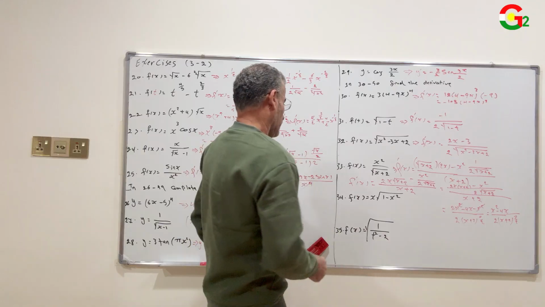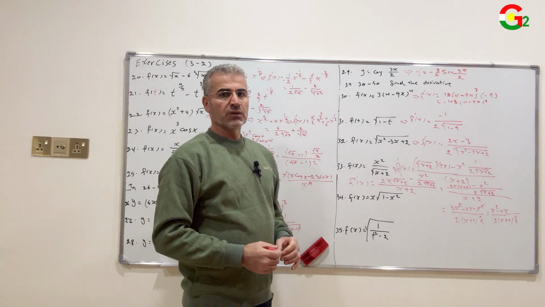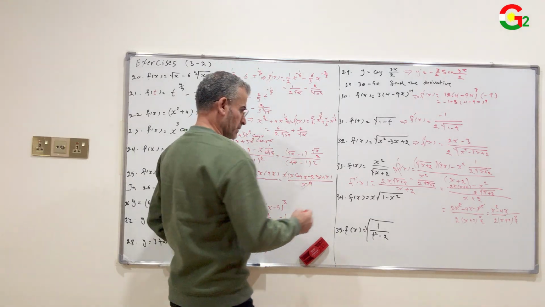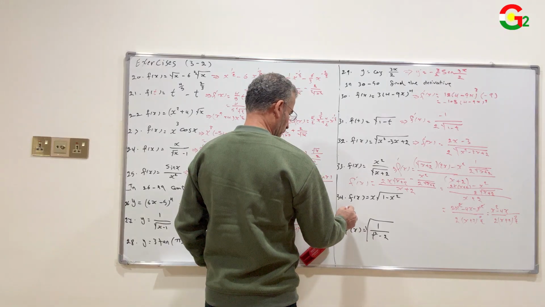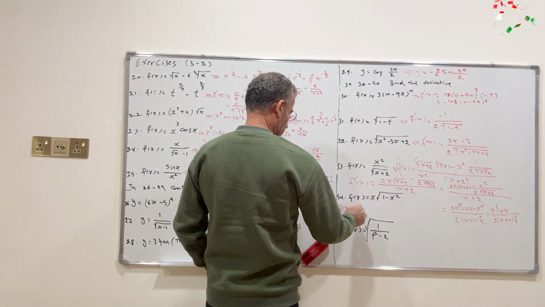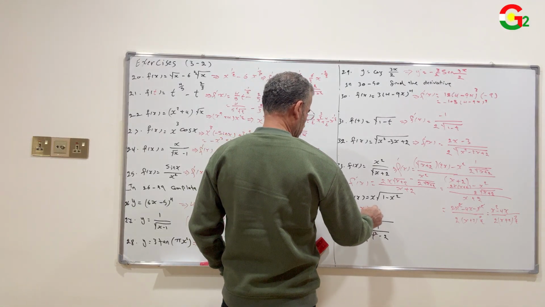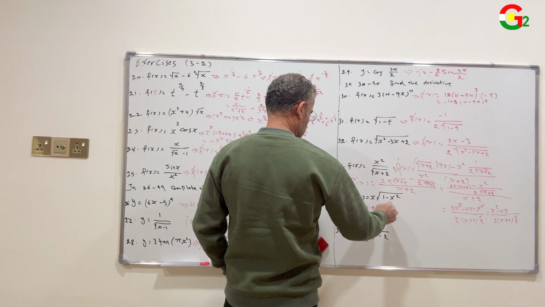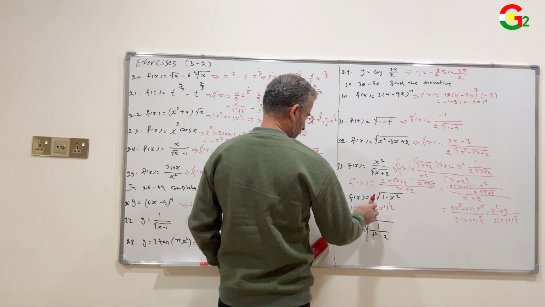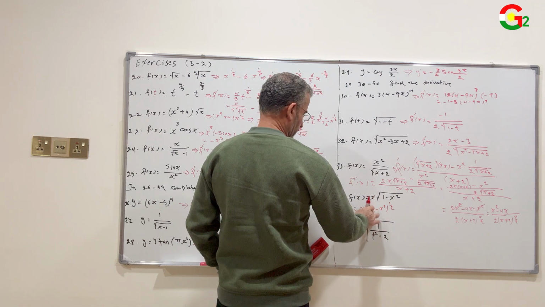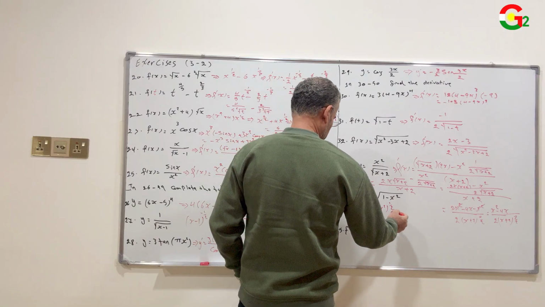f of x equals x times the square root of 1 minus x. We can rewrite this function as x times (1 minus x power 2) to the 1 half and apply the derivative rule for the product of two functions.